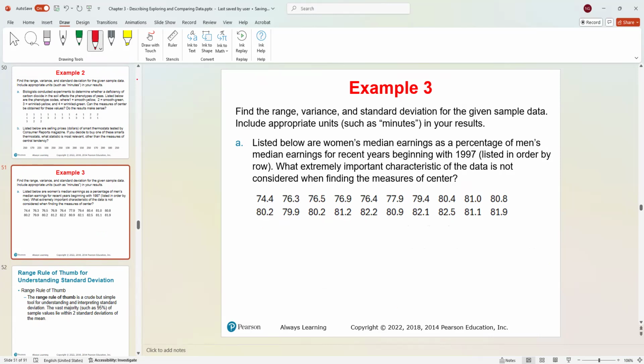The only thing I would add is the rule of thumb. Once you understand the standard deviation, the variance, and the range, you have already covered what we call the measures of variation.